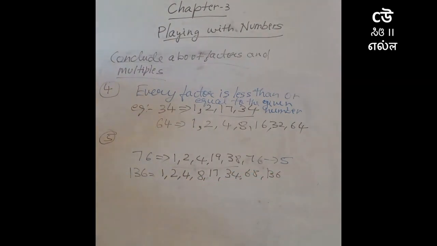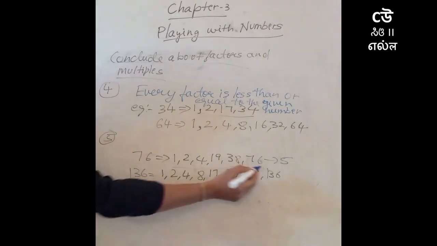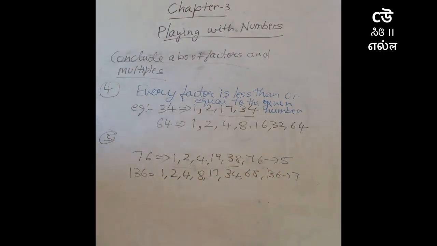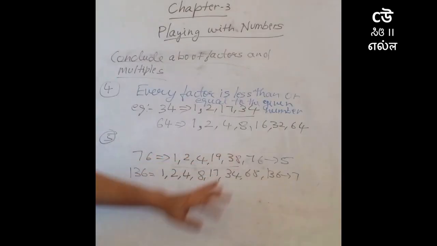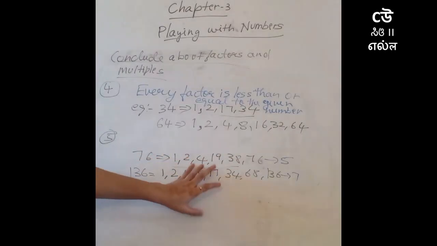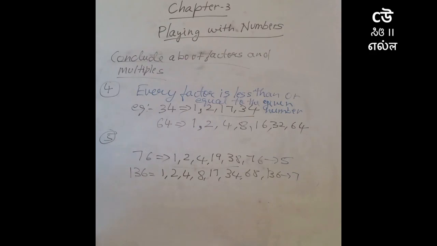So how many factors do you have for 136? 1, 2, 3, 4, 5, 6, 7. So you have 7 factors, right, children? So here what can be observed is that for any number, the factors we can write are countable.